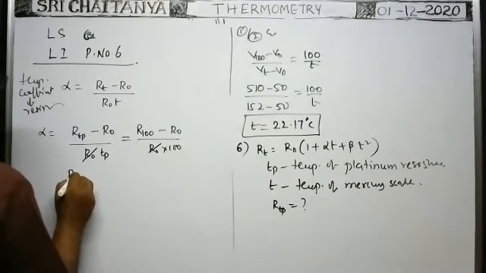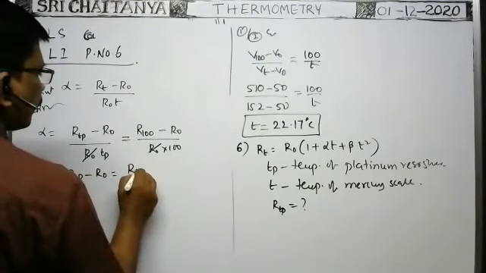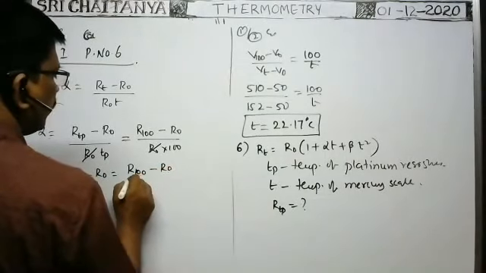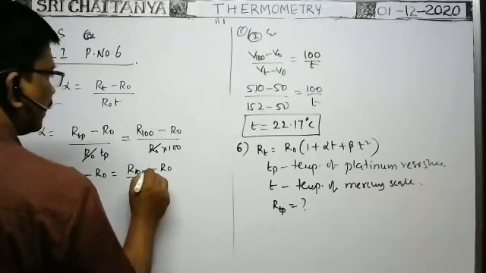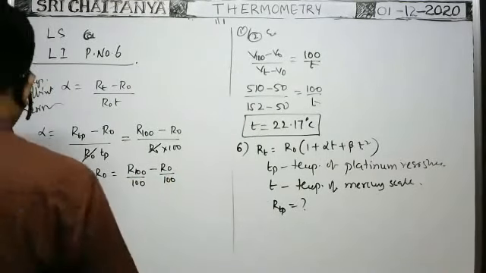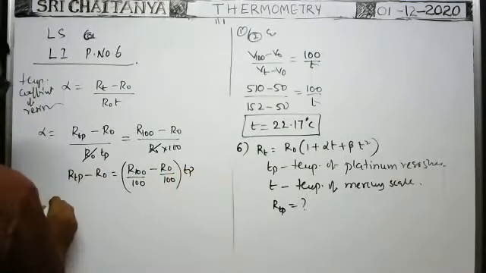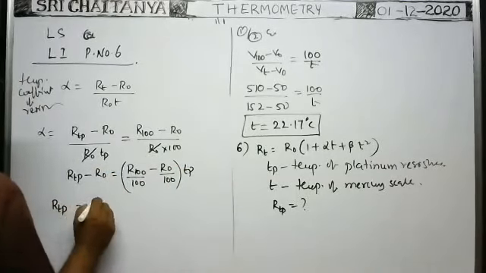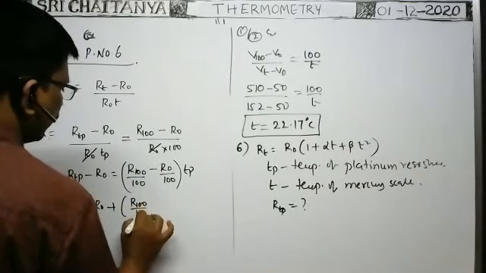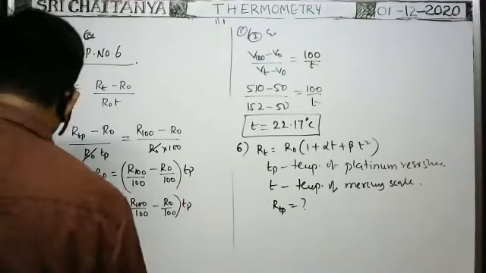From this, RTP minus R naught is equal to (R100 minus R naught) by 100, into TP. So RTP is equal to R naught plus (R100 minus R naught) by 100 into TP.